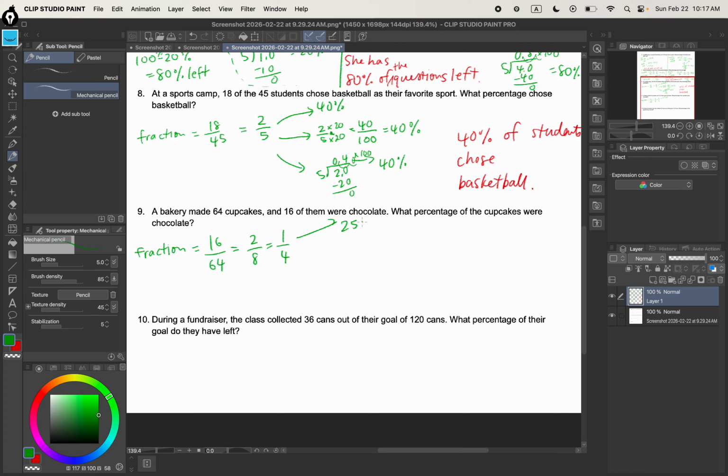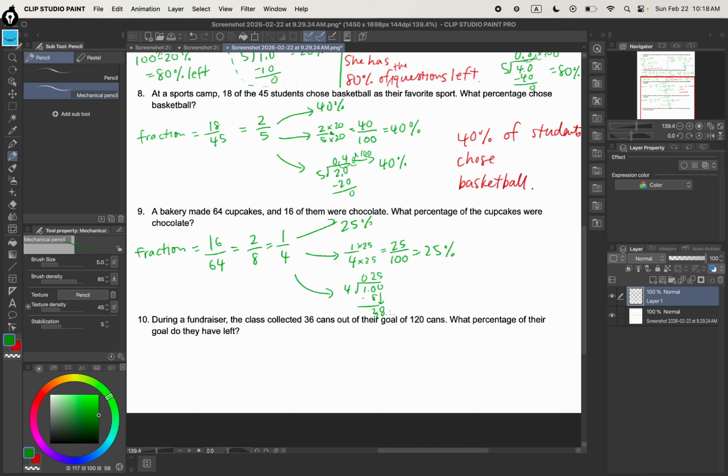Either I know that's 25%. I can make an equivalent fraction out of 100 that allows me to know that's 25%. Or I can do top divided by bottom. Carry.